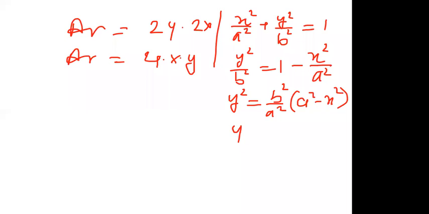The value of y is coming b upon a under root a square minus x square. This is the value of y with us.